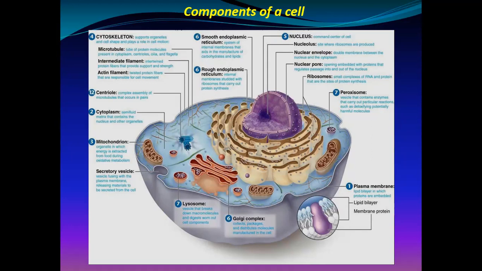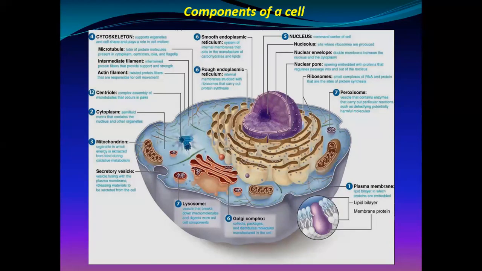Nuclear envelope, that's a different opening. Nuclear envelope is a double membrane between the nucleus and the cytoplasm. It's not a single membrane. And then the nuclear membrane has pores, nuclear pores, embedded with proteins that regulate passage in and out of the nucleus. You can see on either side of the nuclear pore, there's a protein.